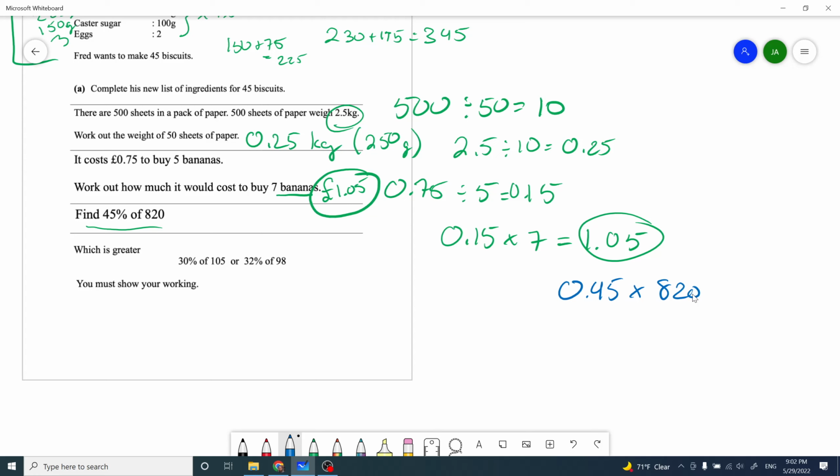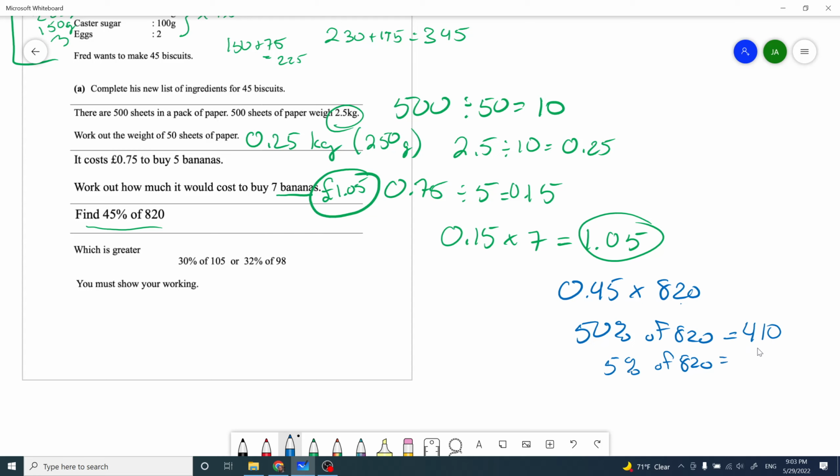However, if you want to do this in your head, there are a few things that we can do. So we could say that, okay, this is close to 50%, right? So to find 50% of 820, I just take half of it, I divide it by 2. 8 divided by 2 is 4, 20 divided by 2 is 10. So I'm going to see this is 410. What was the difference between this and 45%? Well, it's 5%, right? Well, if I already know that 50% is this, this is just going to be 10 times less, right?